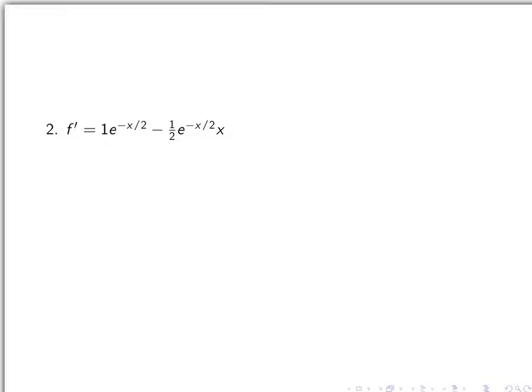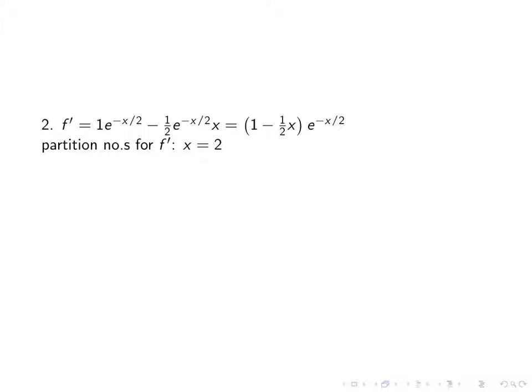So taking this expression, as we have several times in the past, you factor out the exponential term. When you do that, you get a 1 from the first term, and you get a minus 1/2 x from the second term. So it's (1 minus 1/2 x) times e to the minus x over 2.